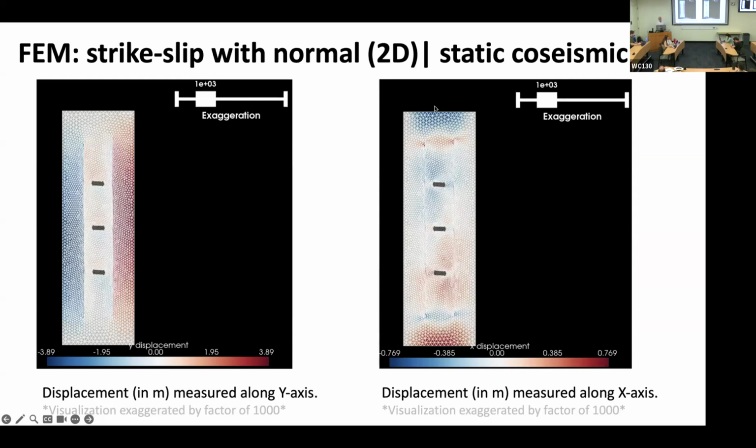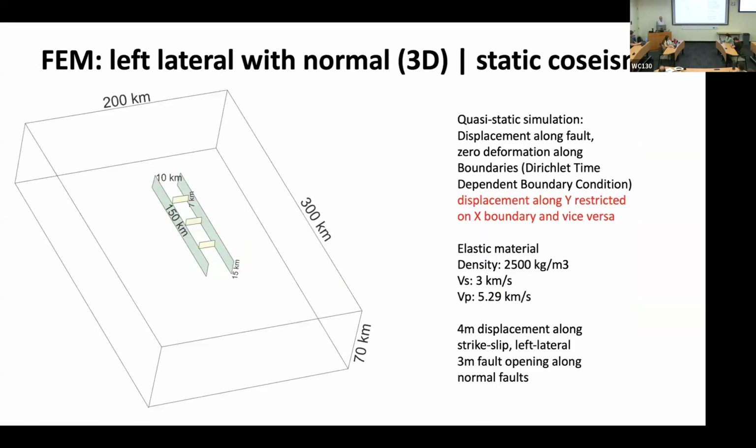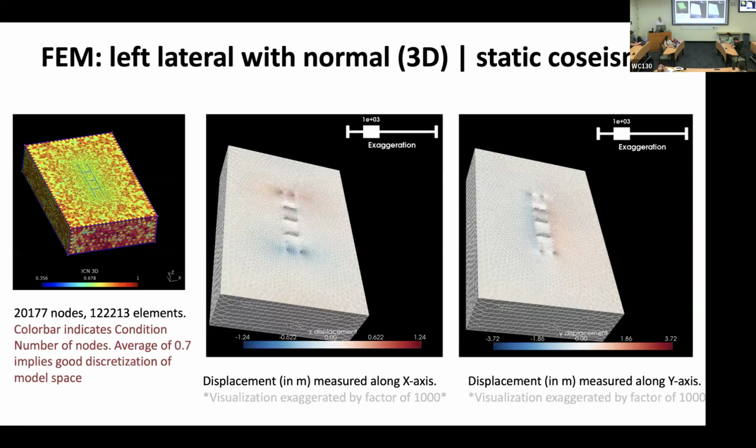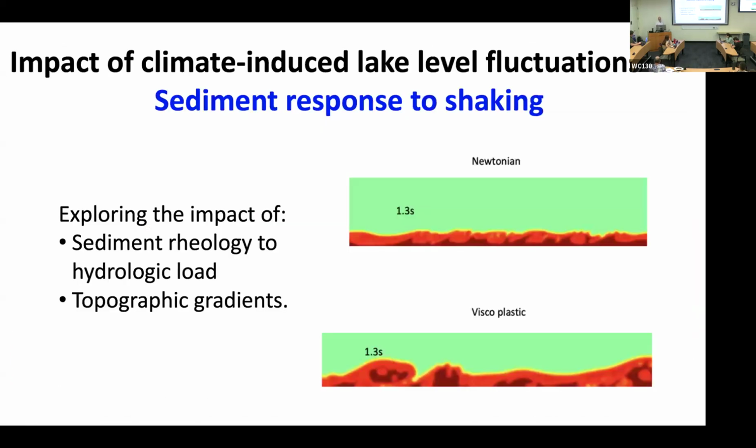And we see also some changes in displacement in the x direction. And when we look at a three-dimensional fault, which takes a lot of computation, we see similar results. This is just the beginning of this work, and we'll take into account also pore pressure changes and load changes.